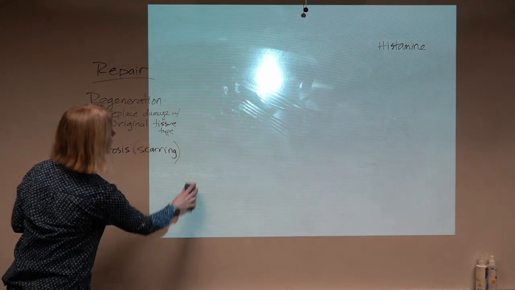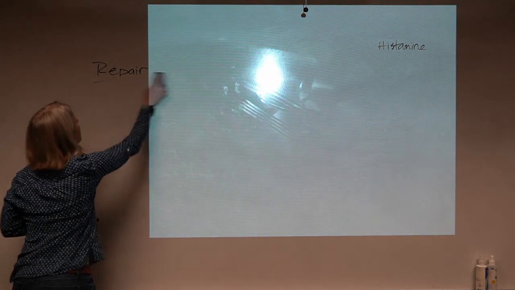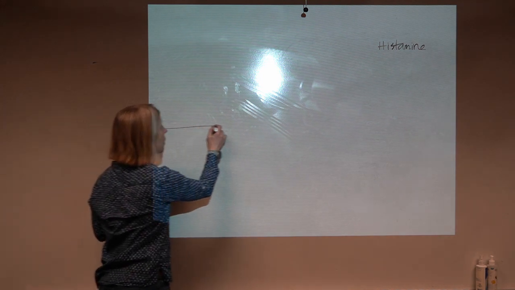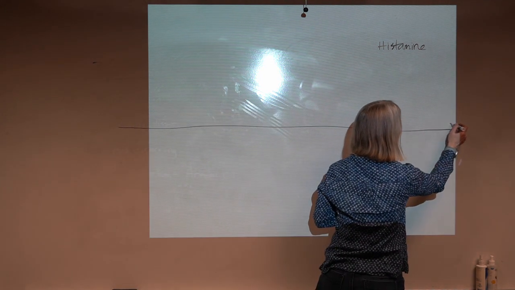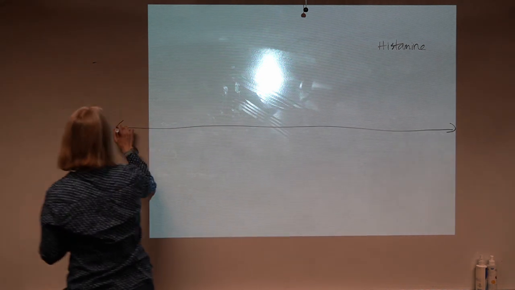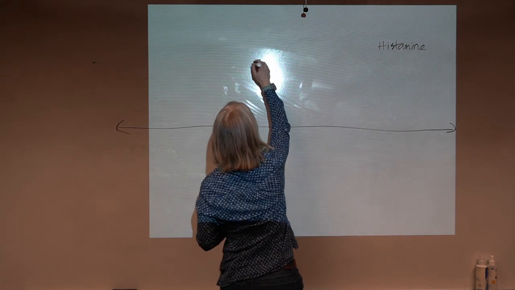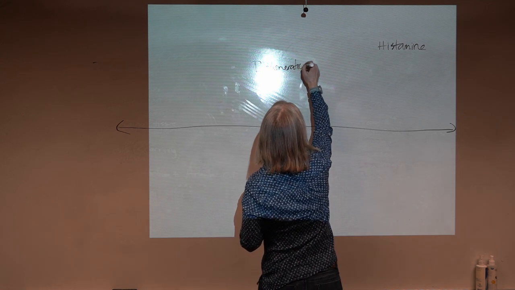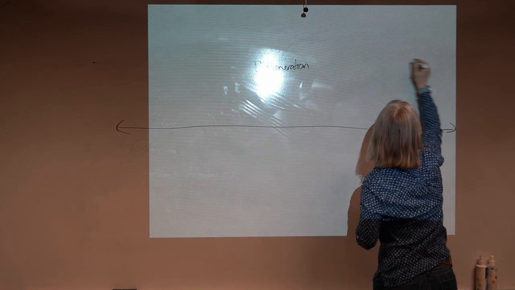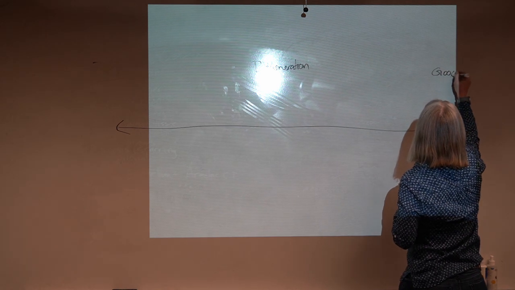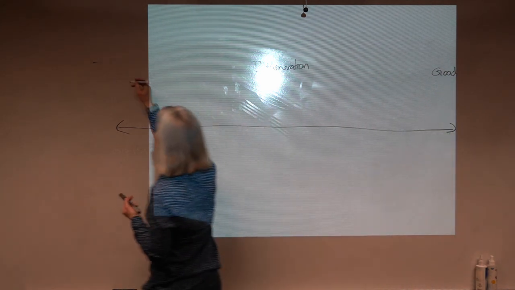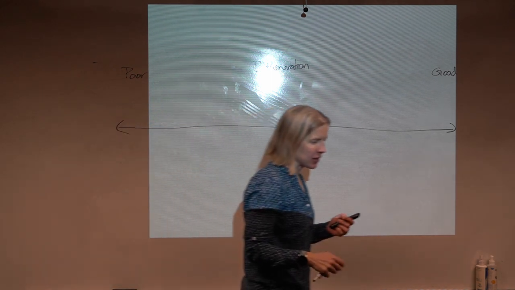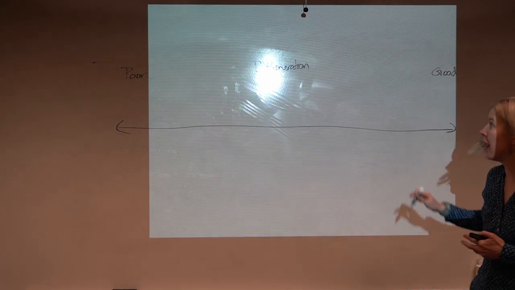Let's do this real quick. Let's make a little line here for regeneration. And let's do good tissues that are good at regeneration and tissues that are poor at regeneration, and kind of see where things fall out here.